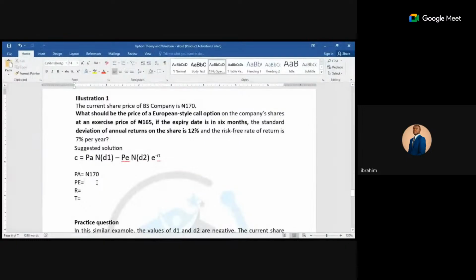The PE is the exercise price. The R is the risk-free rate, 7%. The T is 6 months, so we can have 6 divided by 12.